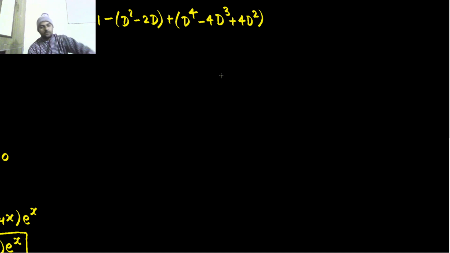So (a - b)^3 = a^3 - b^3 - 3ab(a - b). With the minus it will come: a^3 minus b^3. So D^6 from here, minus of b^3, so minus (-8D^3), so plus 8D^3, minus 3ab, so that will become plus 6D^3 and (a - b).